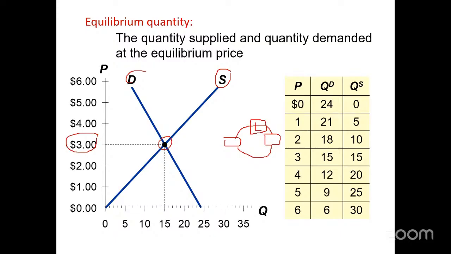In this example, the market price is 3 and the market outcome is 15. Supply equals demand. So let's agree the market decides at this point. Now, suppose the price is set somewhere above.